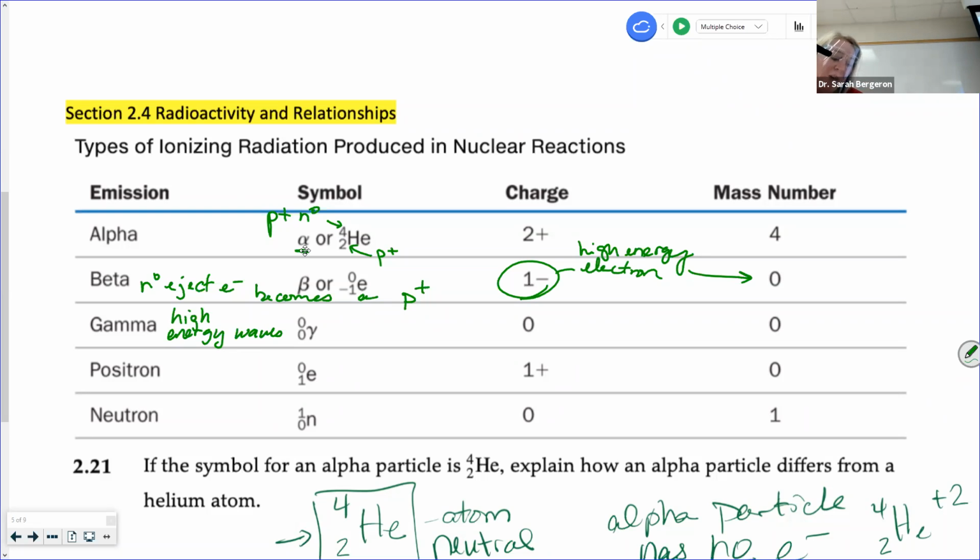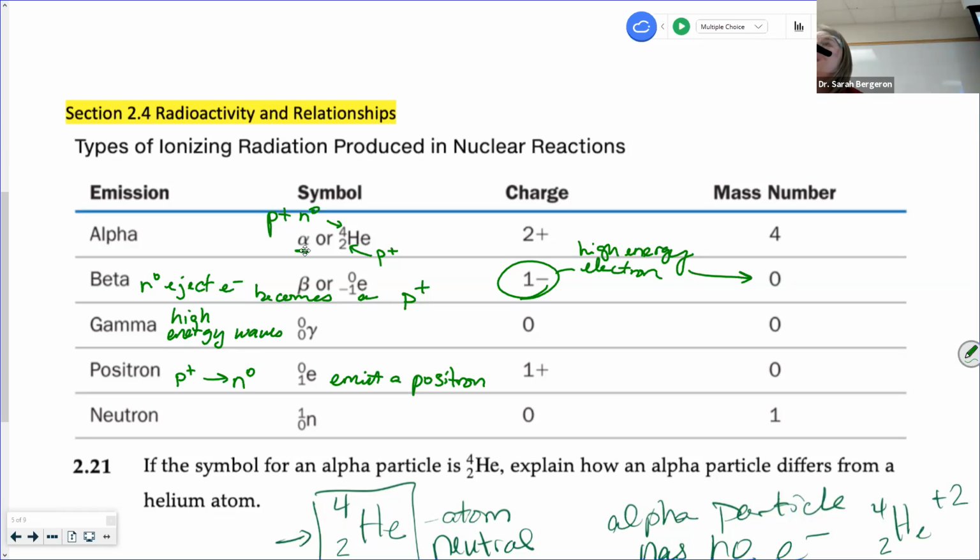Okay, how about a positron? A positron is going to be an atom where we have a proton, and that proton is going to get converted to a neutron. And when that happens, you emit a positron.